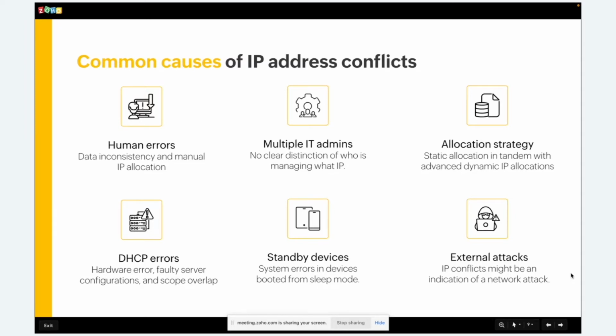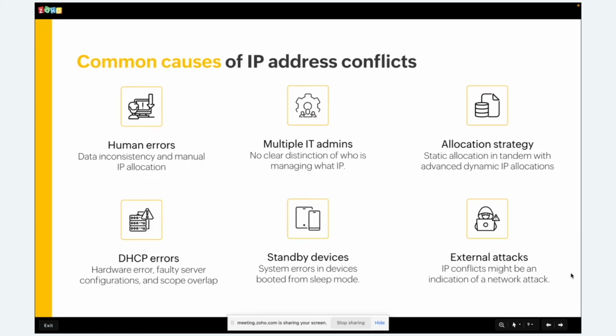For example, let's assume you are using a spreadsheet to manage your IP address space. If IT admin A takes an IP X and statically allocates it to a device, but due to some issues in your network he's focusing on that, he forgets to update in that spreadsheet that he had actually allocated an IP statically.